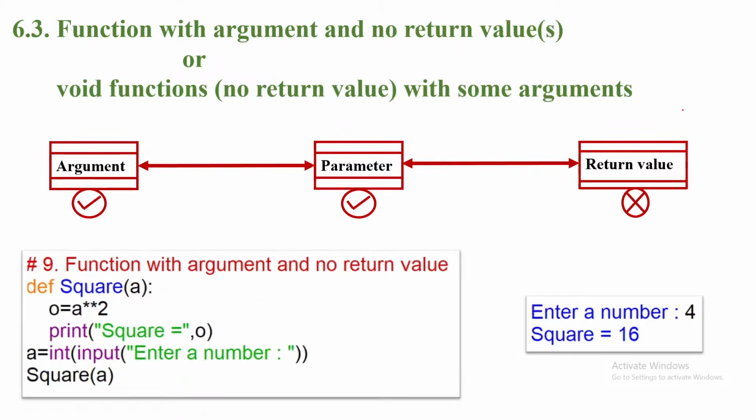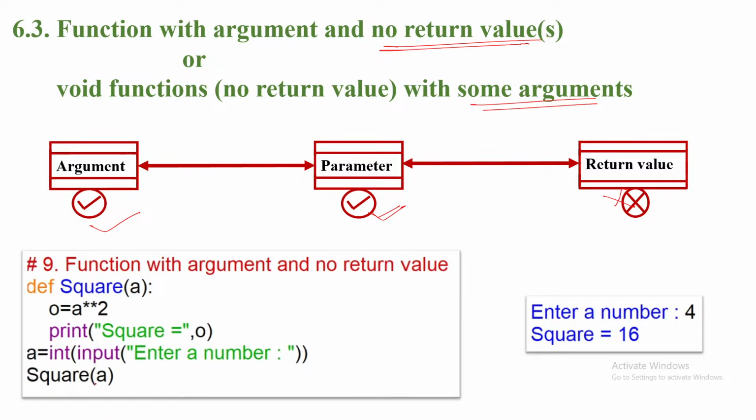Next, functions with argument and no return value. No return value, that is the void function with some argument. Some argument means we are passing the arguments. When we pass the arguments, we are passing the parameter and receiving the parameters also, but there is no return value. Like this function, how can we solve?